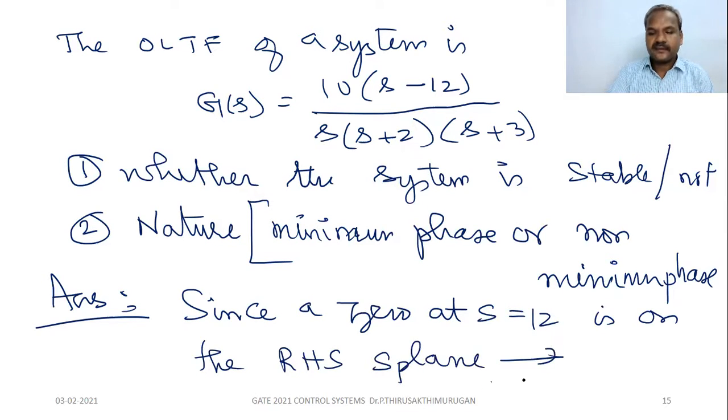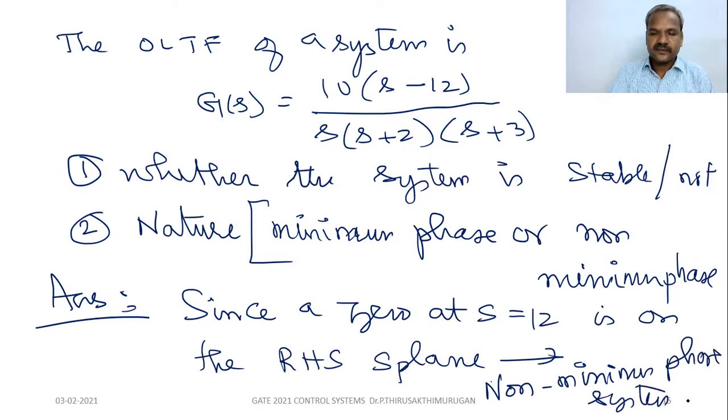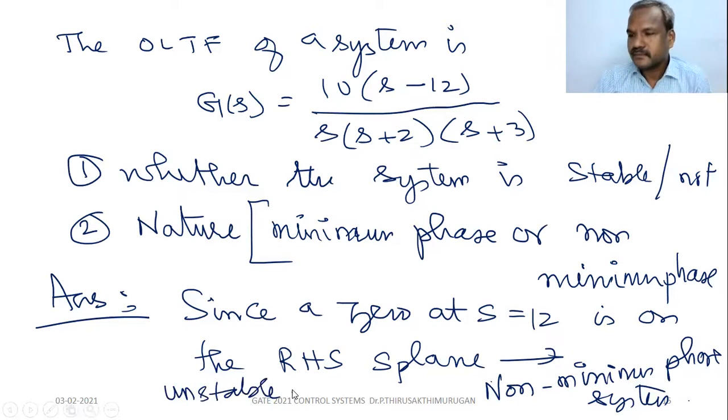So it is a non-minimum phase system. Okay. Also it is unstable. Understand? Unstable. Clear?